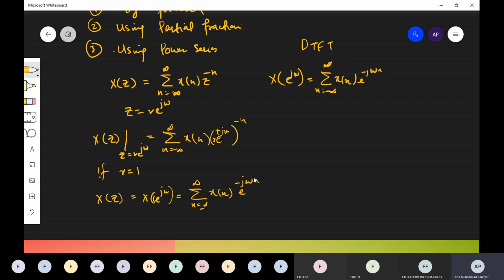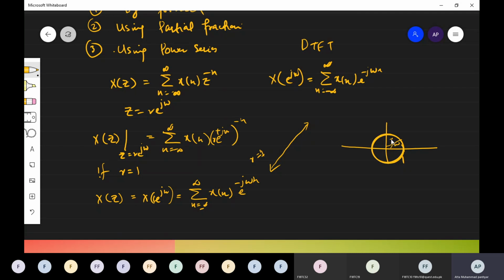Now you can see we said that if r is equal to 1, then the DTFT and the Z transform are the same. In other words, on this unit circle, if r is 1, our radius is 1, right? And this is theta.